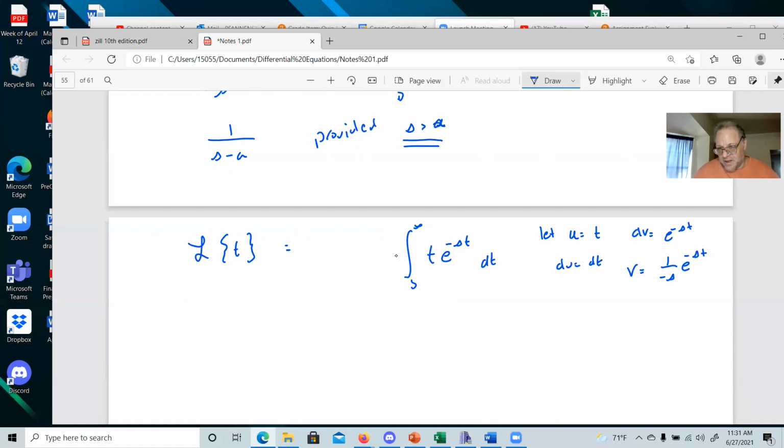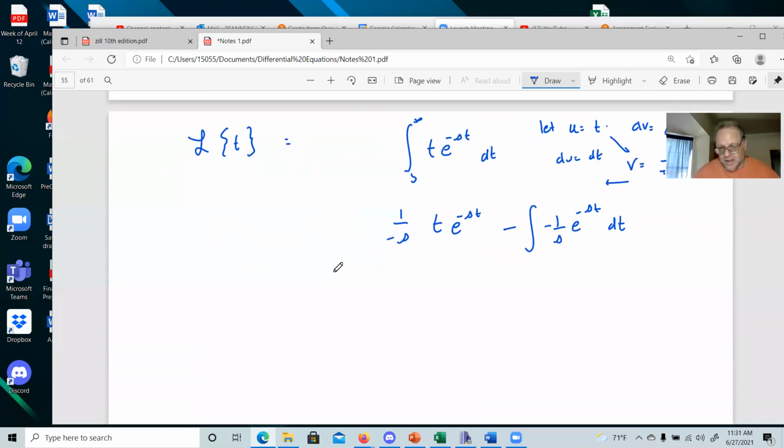So we'll do our little box here. This is going to be t e to the negative st, there's a 1 over negative s here, so that's t times this part, minus the integral of negative 1 over s e to the negative st dt.